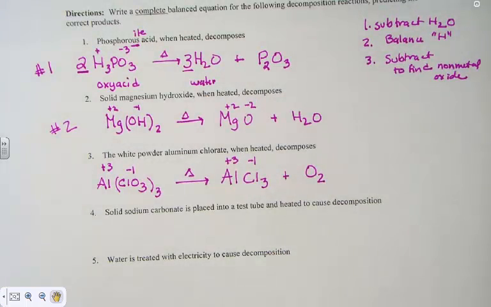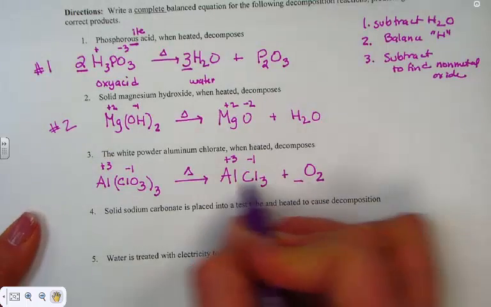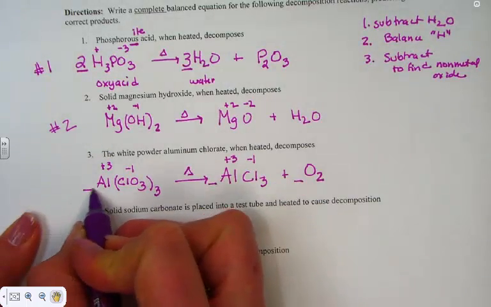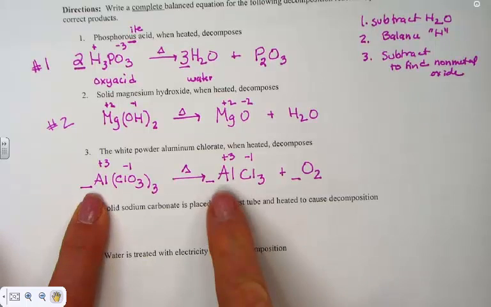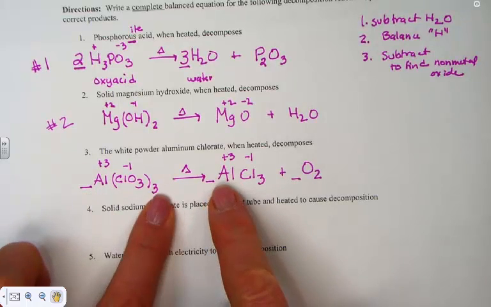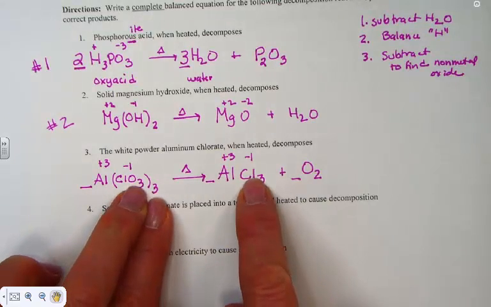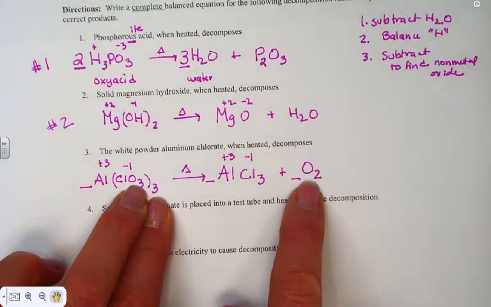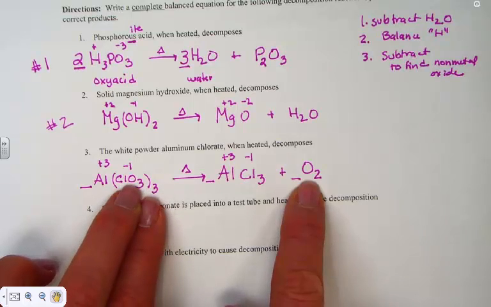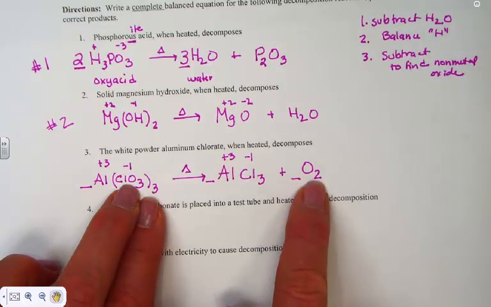Elemental oxygen is written as O2. Then we go back and we balance. 1 aluminum, good. 3 chlorines, good. 9 oxygens, 2 oxygens. We have an odd-even problem.